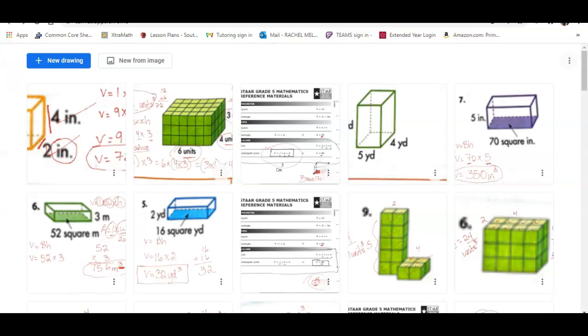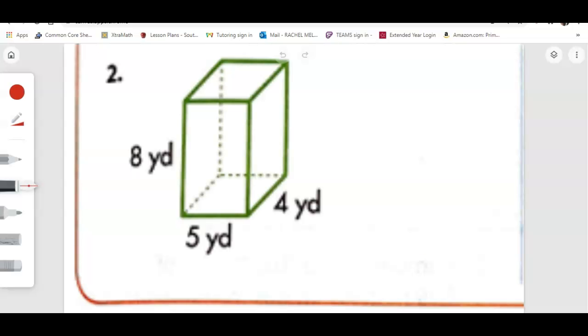All right, last one together. So again, volume equals length times width times height. I don't know my volume yet. My length is right here, so that's 5. My width is here, so that's 4.